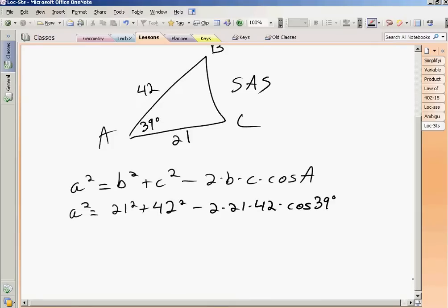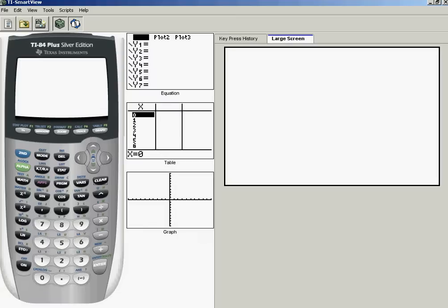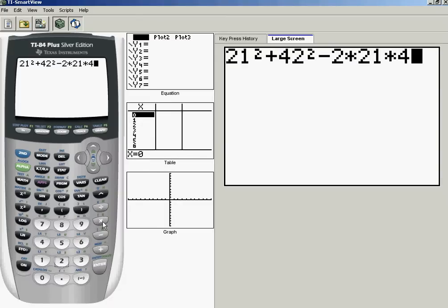I can type this all in the calculator in one step, but I think I'll type it in a couple. I'm going to evaluate A squared, and then I'll evaluate the square root. So let's go ahead and do that. 21 squared plus 42 squared minus 2 times 21 times 42 times cosine of 39.